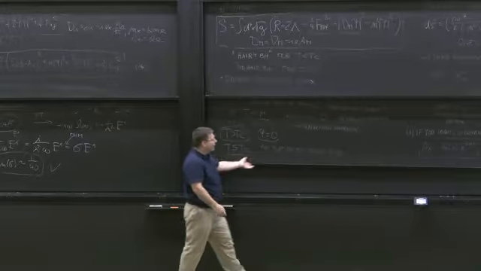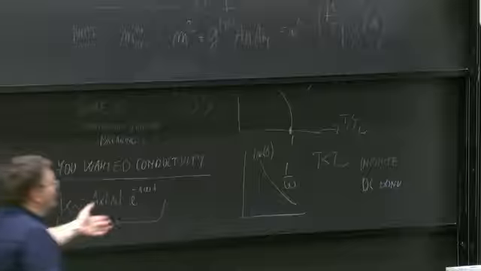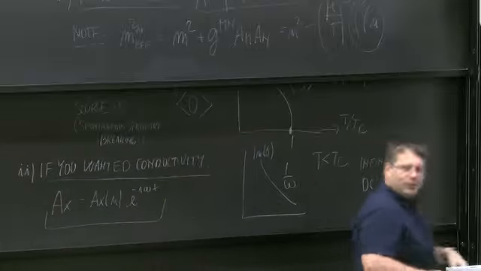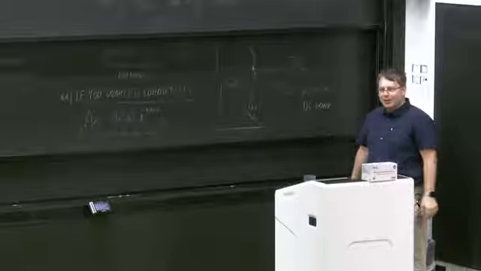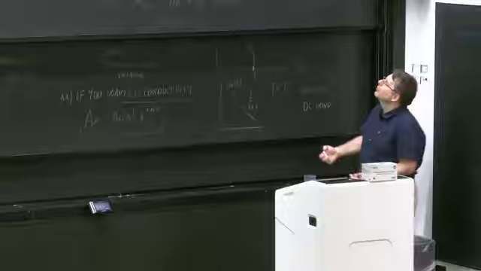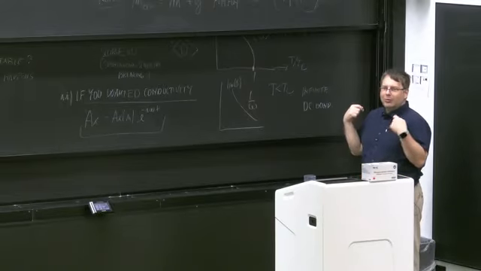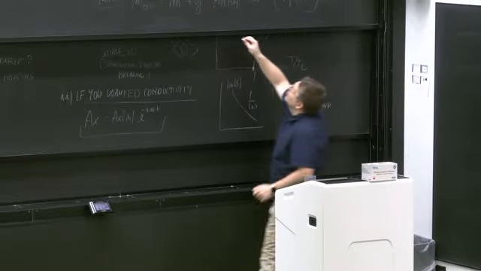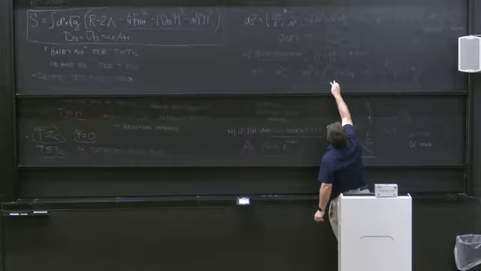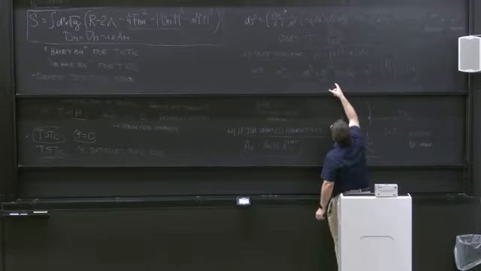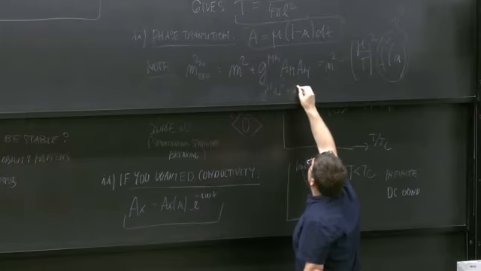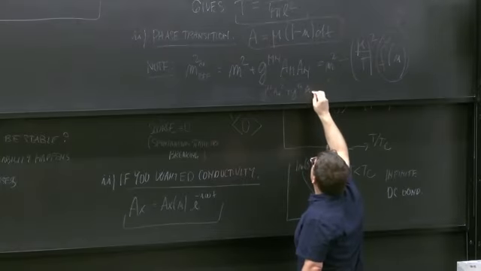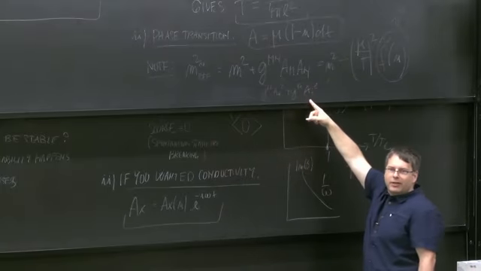You can show that this behaves as it should and gives you the right critical exponent. You can show that indeed DC conductivity diverges. What you can also show is that if you start putting a magnetic field, then here you would also put, so this thing here now, if I'm putting the magnetic field, it will have the component g^tt A_t squared, but it will also have g^ii A_i squared, where A_i is a magnetic field.